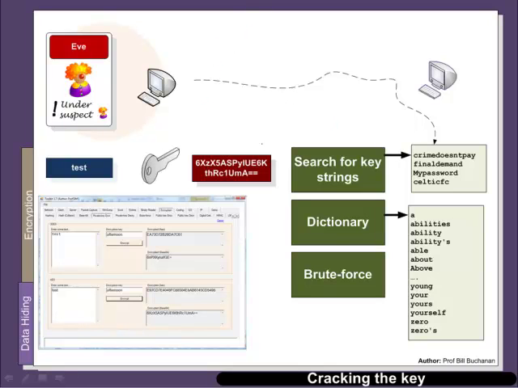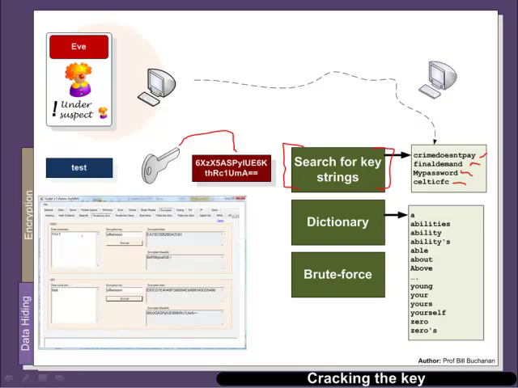So the three main methods that we can use if there is malicious information which has been encrypted is to do a search for key strings on a file system. This will typically bring up key phrases that might have been used within the password.